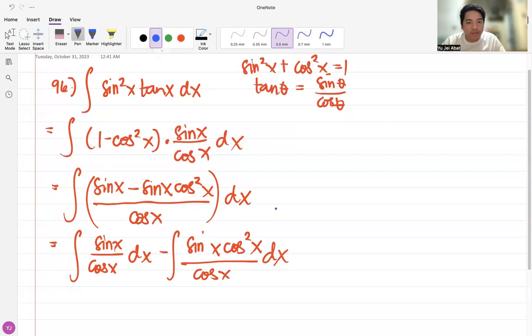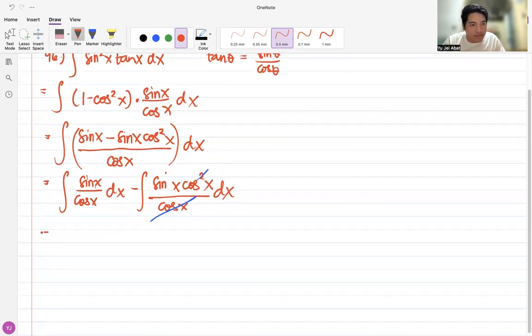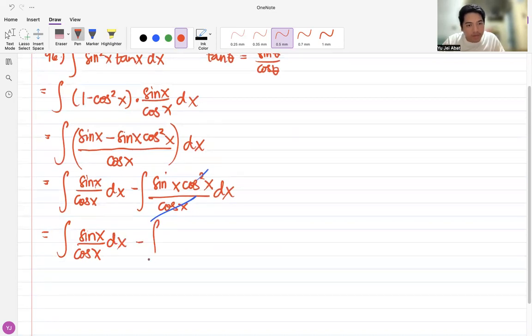As you can see, this will cancel out, leaving our second integral with a simplified form: sine of x cosine of x dx. So right now, we can use u-substitution by letting cosine of x be u.